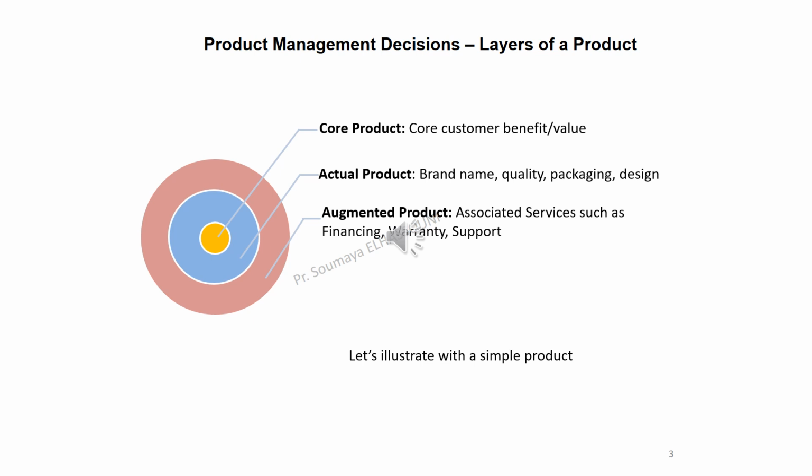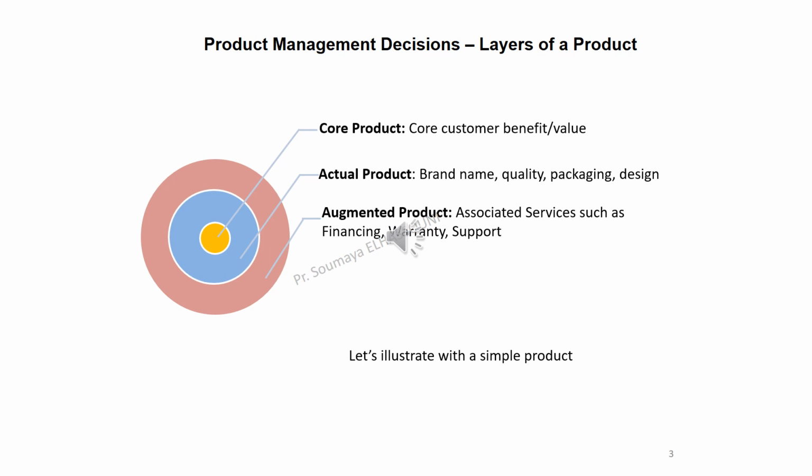The core product refers to the primary benefit or the value that the product provides to the customer. It answers the question, what problem does this product solve? For example, if we think about a washing machine, the core product isn't the machine itself, but rather the benefit it offers, which is cleaning the clothes. This is the most basic level, and it represents why customers buy the product in the first place.